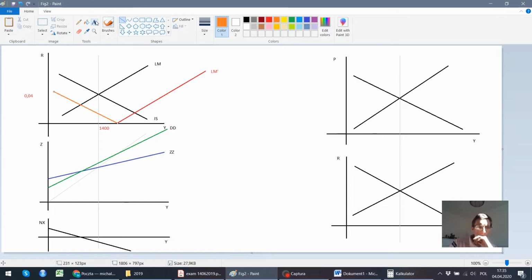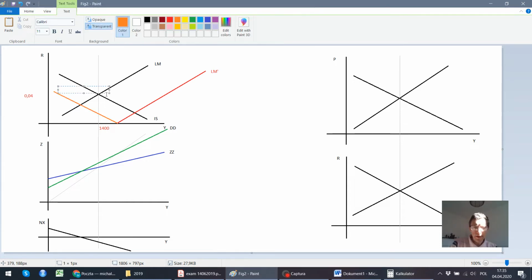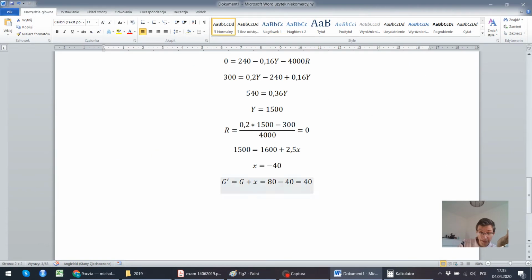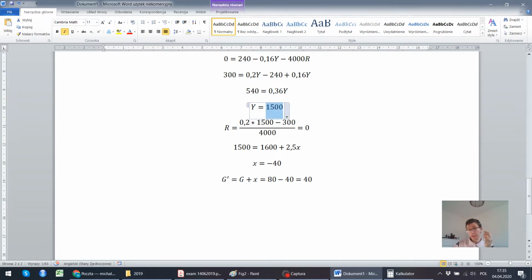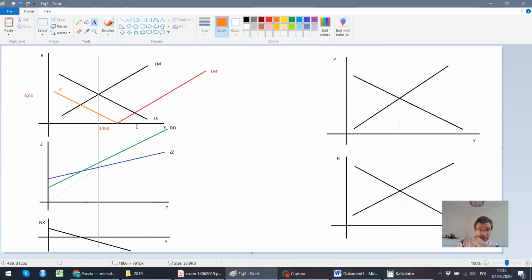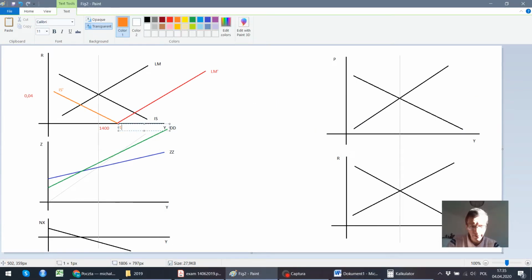Let's put it orange. And as I mentioned, I'm drawing it in a very particular way so that we are fitting what we actually found out. That the new output is equal to 1,500 and the new interest rate is equal to 0. All right. So we have the new output level equal to 1,500.